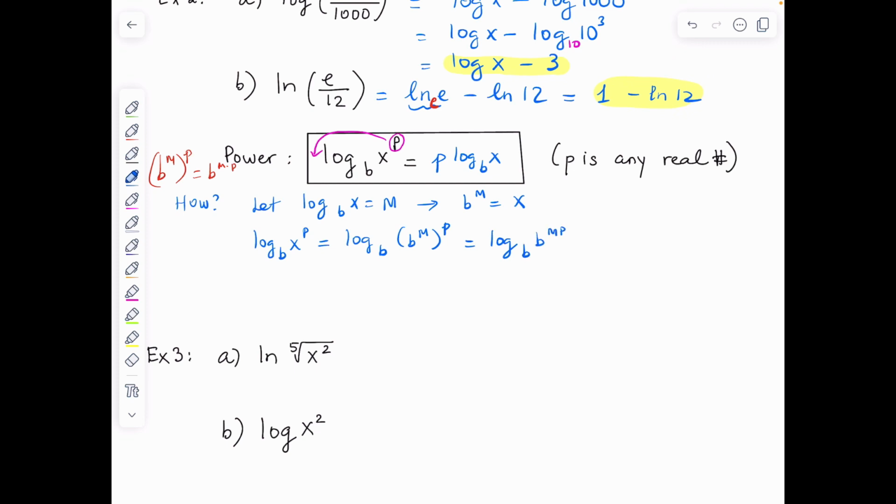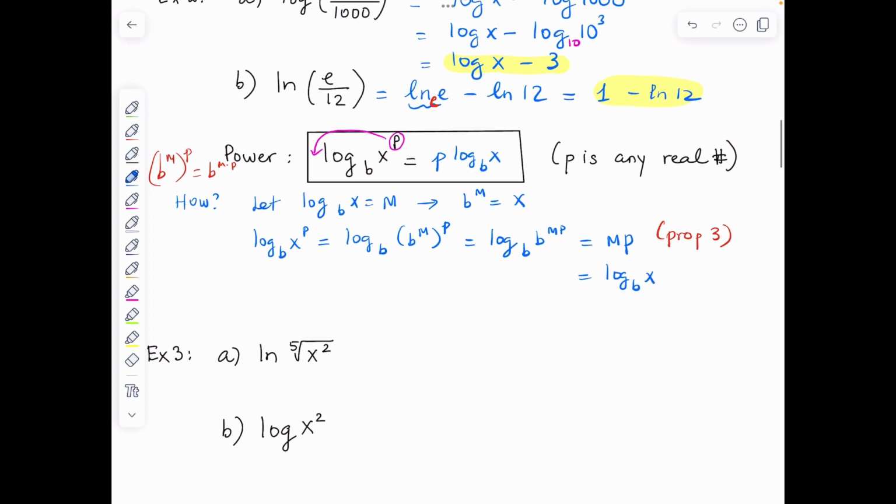And using property number 3 again, this will equal m times p. Now, m was defined as log base b of x, and p is just a constant, so times p. We can put p in the front of the log, and then we have the formula, which shows that log base b of x to the p is equal to p times log base b of x.